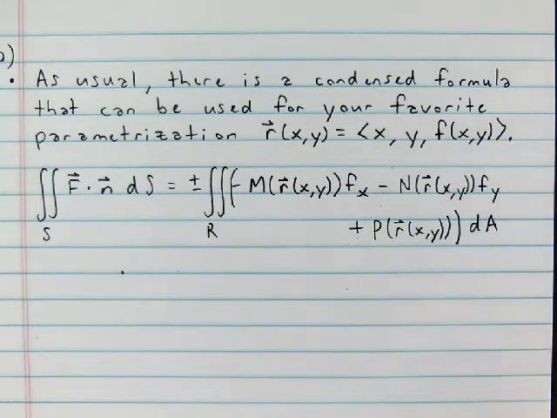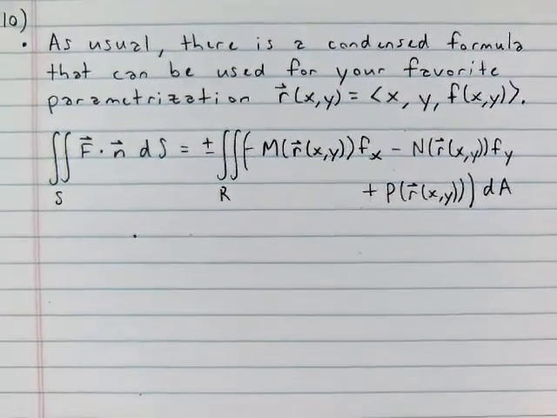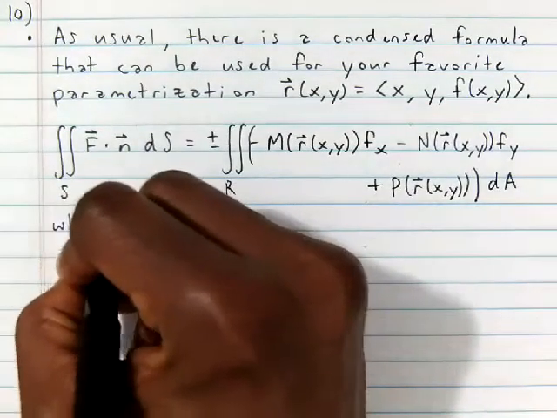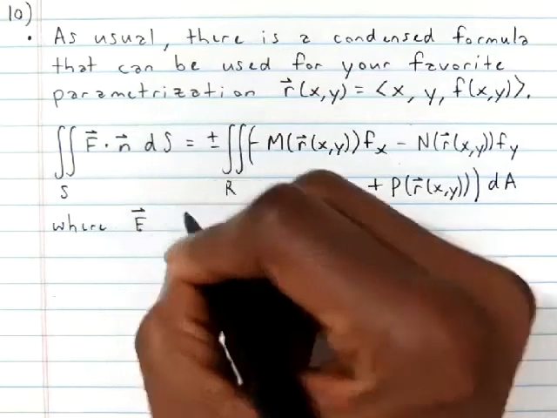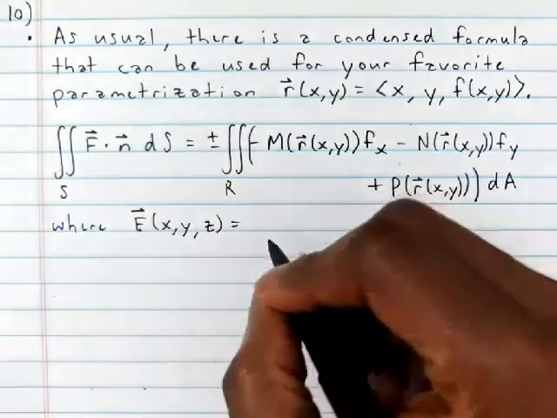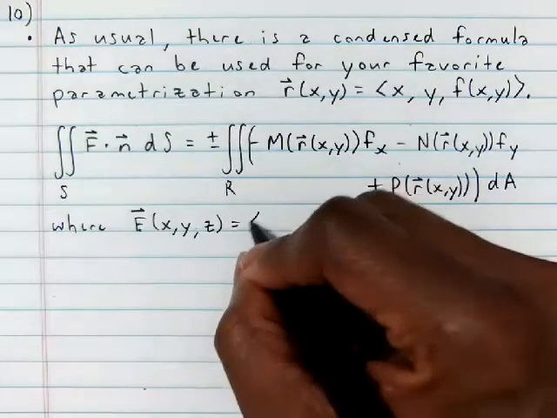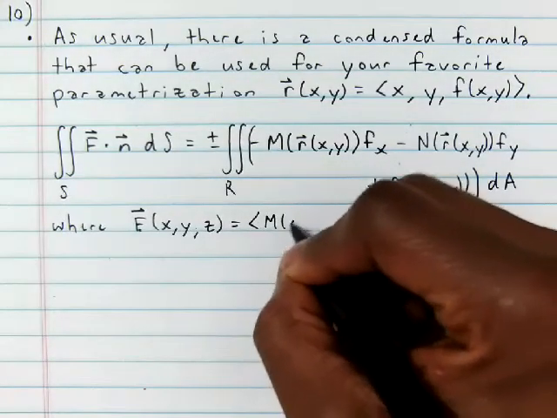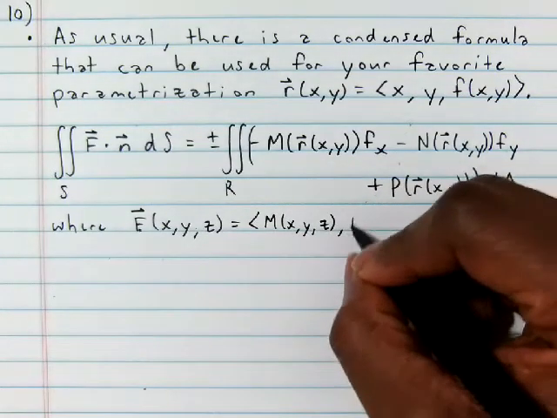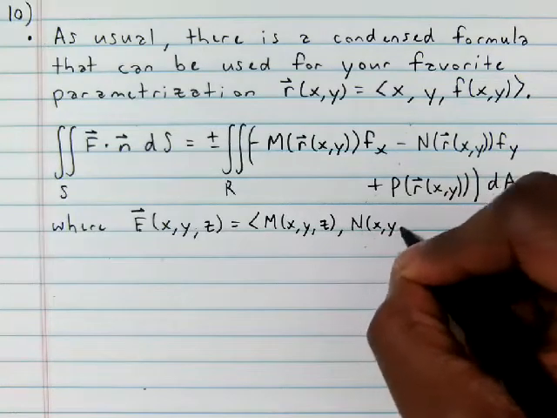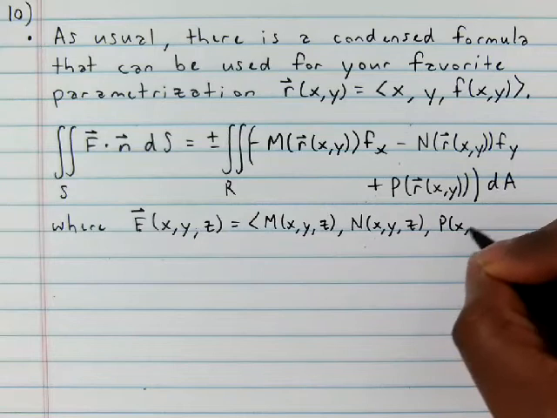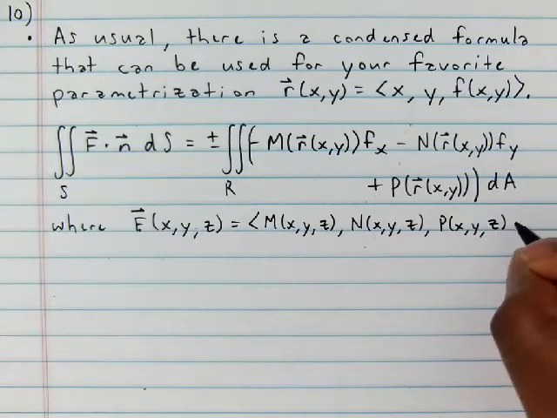With respect to A, where the vector field F of x, y, z is equal to the vector M of x, y, z, comma, N of x, y, z, comma, P of x, y, z.